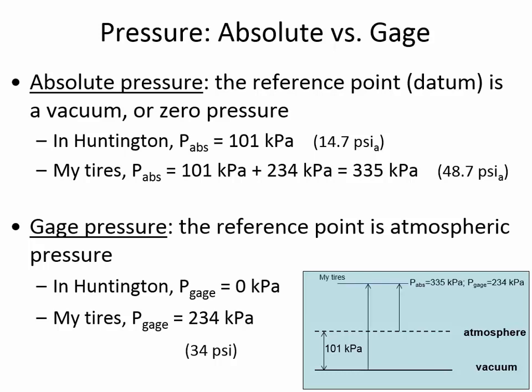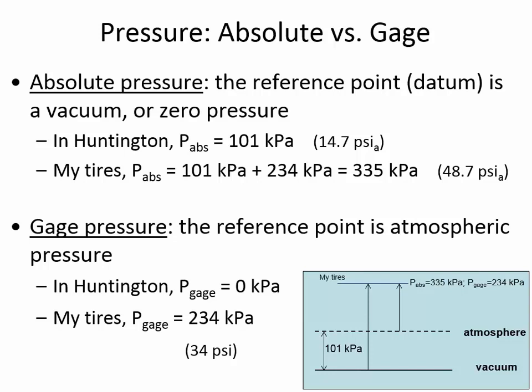But if we are measuring something like my tire pressure from this atmosphere line, it's shorter because the datum point is closer to my tire pressure. So here I've got the two different pressure readings: the gauge, which is 234 kPa, and the absolute pressure of my tires, 335 kPa.